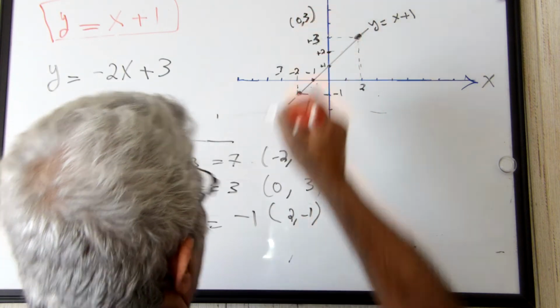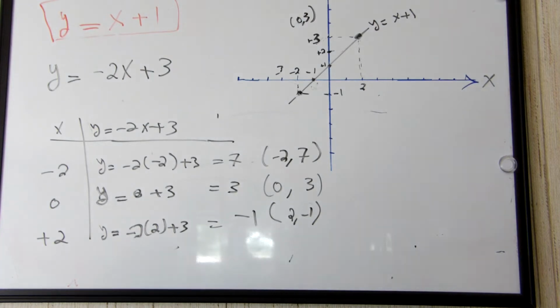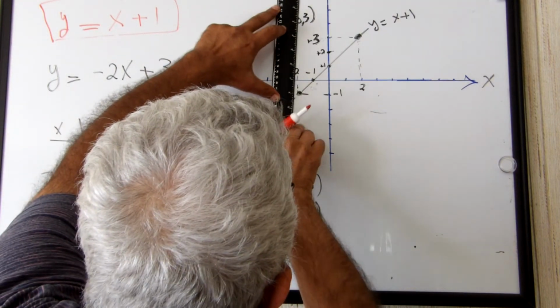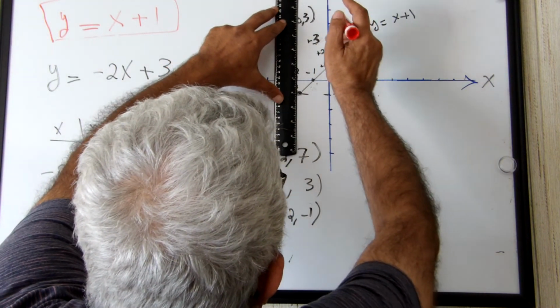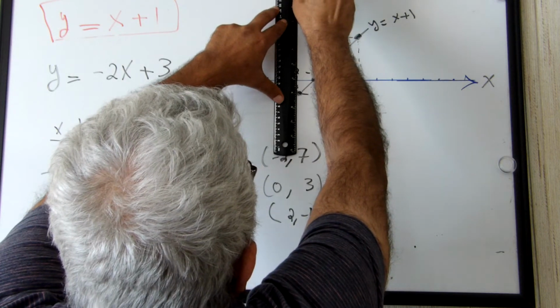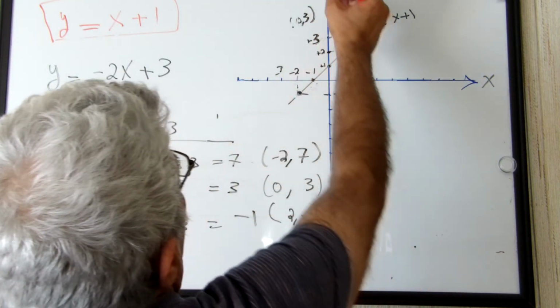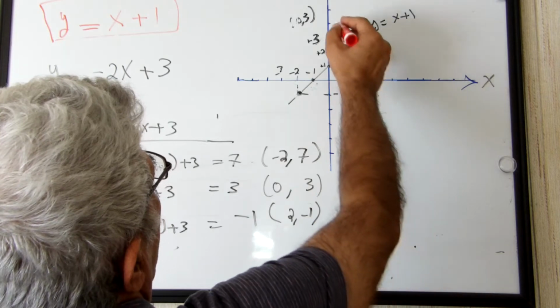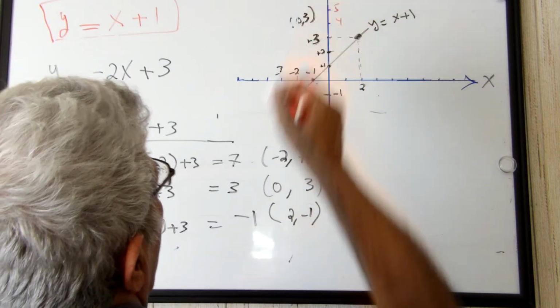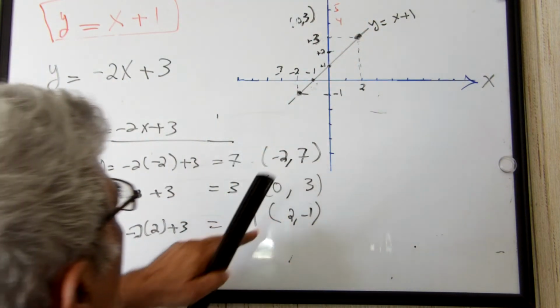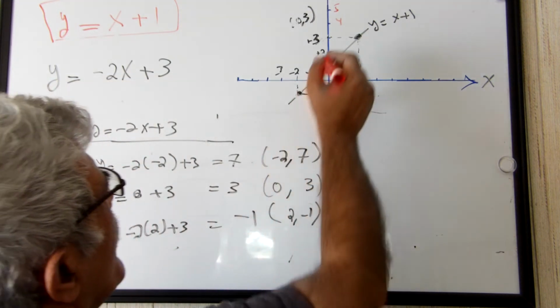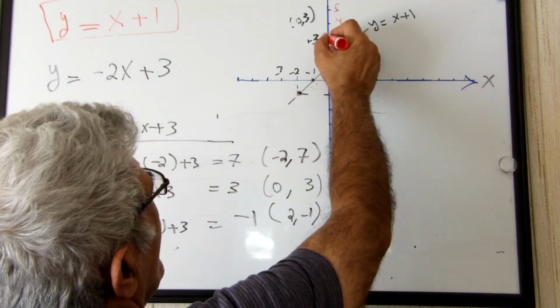It's going to be here, one of the points. That is 7. Then 0, 3: x is 0, y is 3. This is the second point.